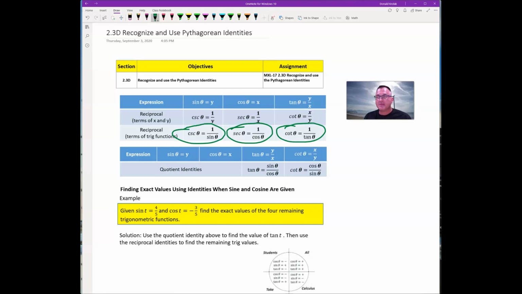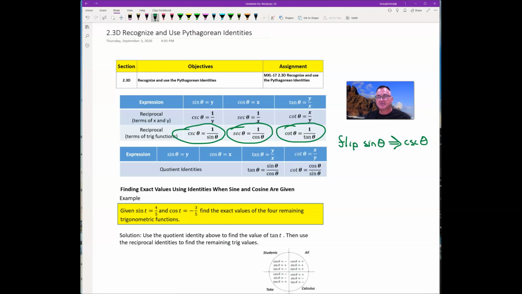So all that means is if I want to get cosecant, if I flip sine, I'm going to get cosecant. That's what that's telling you right there.